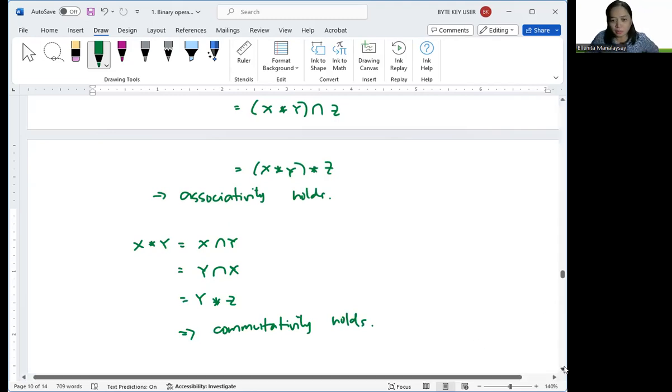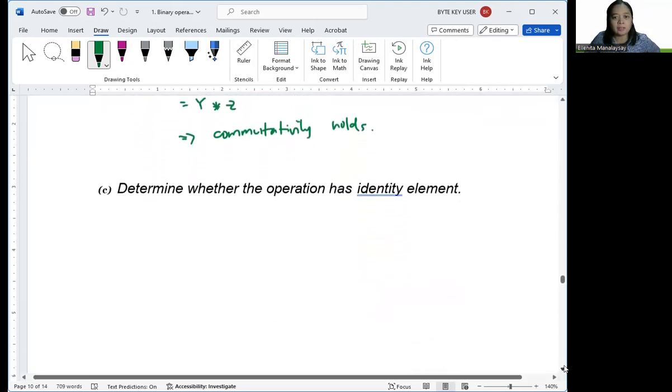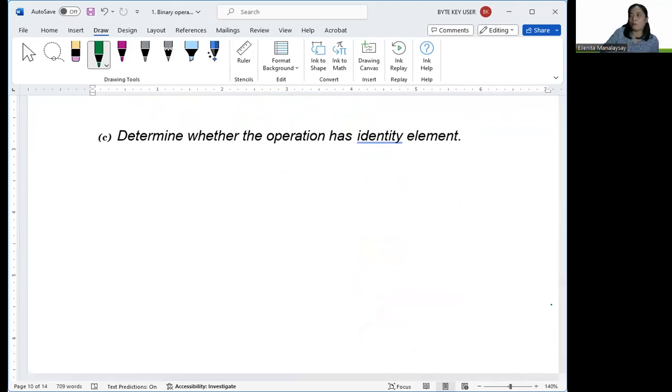Okay, then that's two down. Next, determine whether the operation has an identity element. Let's see.